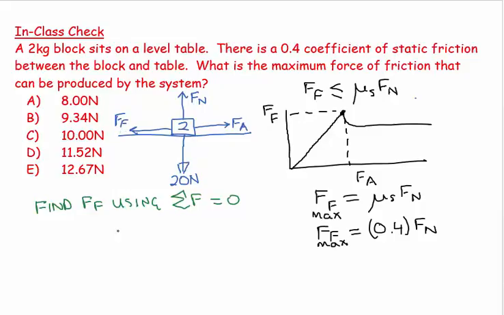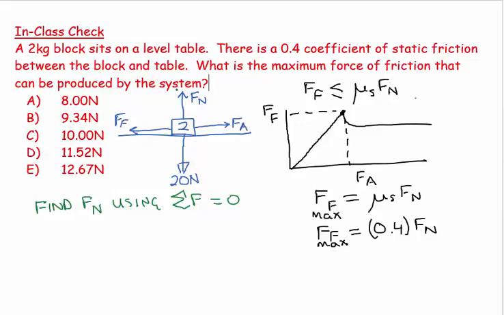I'm sorry, I need to correct that. I want to find Fn. So if I look at this, I don't want to deal with FA and I don't want to deal with FF. I only want to deal with Fn.